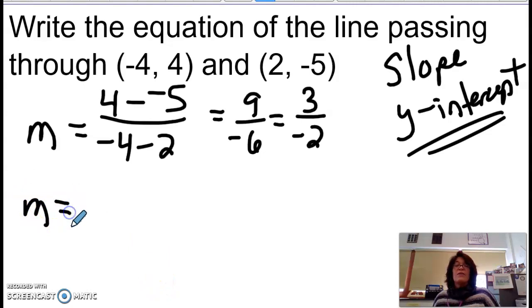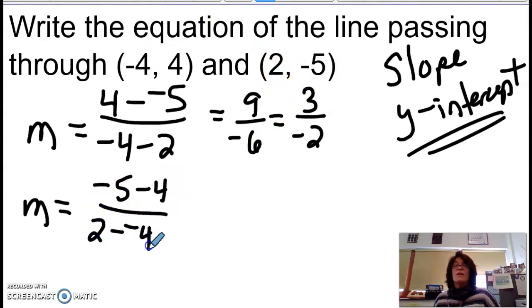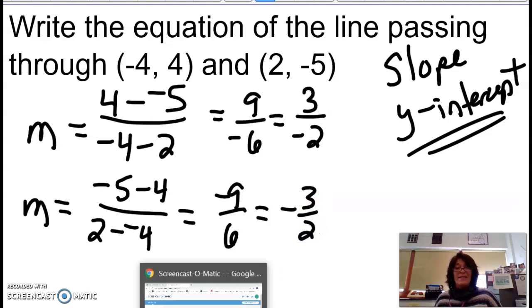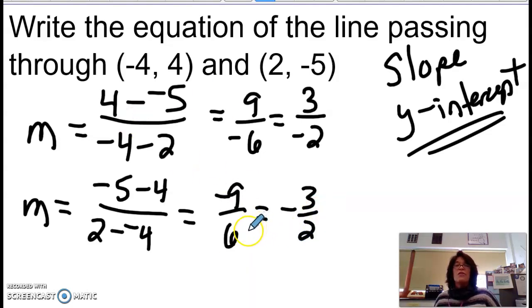Somebody else might have found the slope the other way. Maybe they started with negative 5 and they subtracted 4, and then they would have to start with 2 and subtract negative 4. So they would have gotten negative 9 over positive 6. Well, guess what? That's still negative 3/2 any way you look at it. Okay, find the slope. You don't have to worry so much about which one's y2, which one's x2, which one's y1.